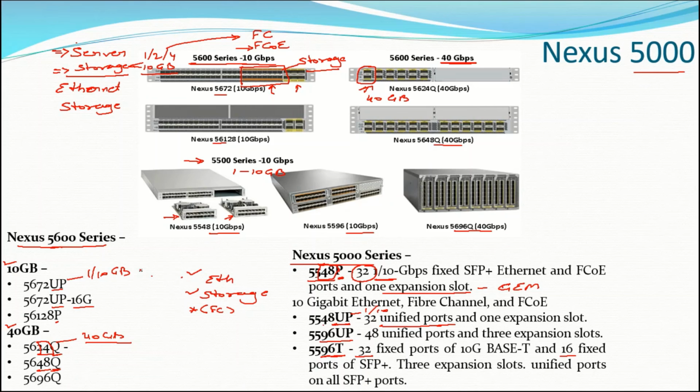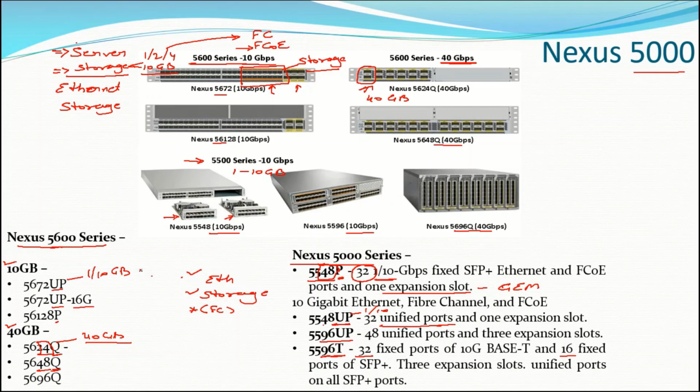Why can we use those? Because these switches have options to make the port compatible with server or storage, which is not available in your Nexus 7000 or 9000, right? Over there we cannot specify the port like this. They are not providing us unified ports. They are static.